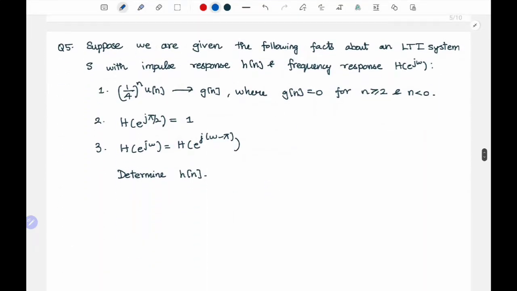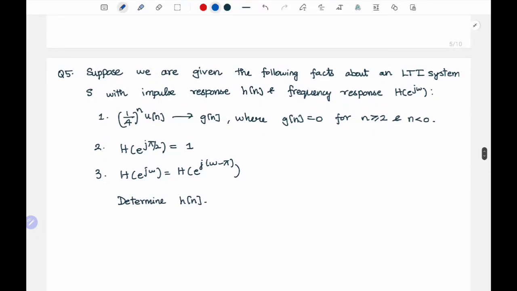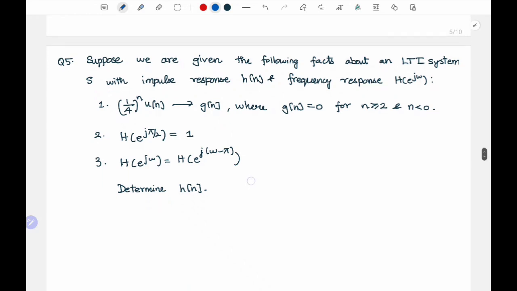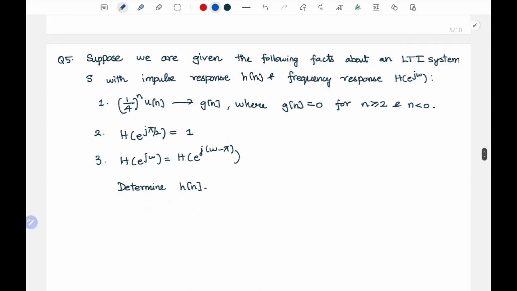Let's move on to question 5. Suppose we are given the following facts about an LTI system S with impulse response h of n and frequency response H of e power j omega. So what are the facts? (1/4) power n u of n gives g of n, where g of n equals 0 for n greater than or equal to 2 and n less than 0.